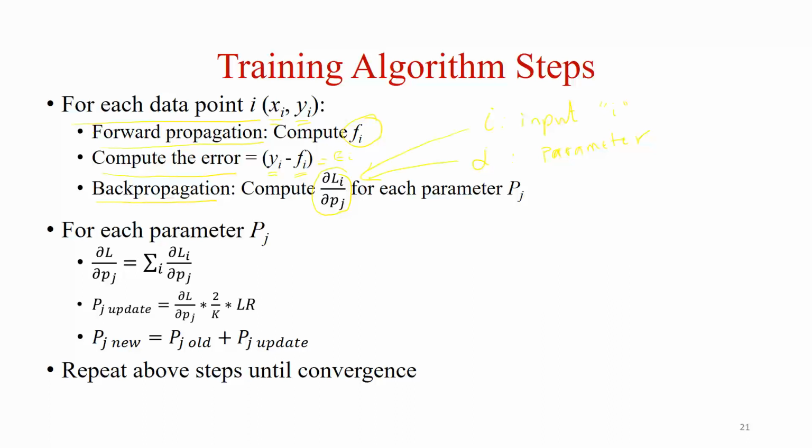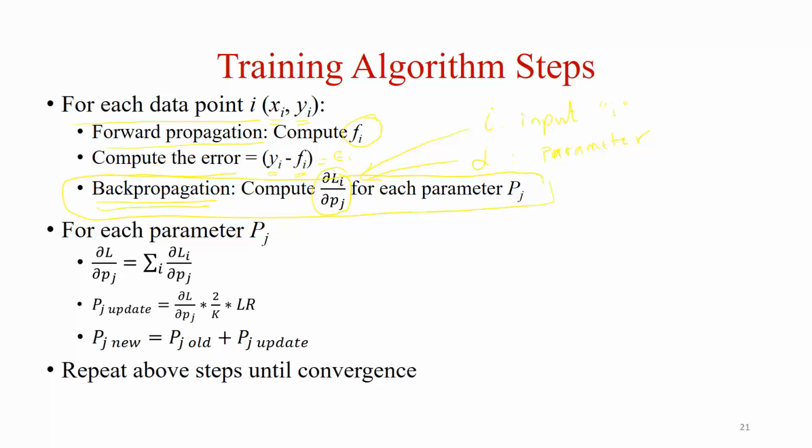Now I go through the backpropagation to compute those. This is the difficult part, folks, and this is where the training algorithm spends quite a bit of computation. For every parameter, I sum all these derivatives across the inputs.